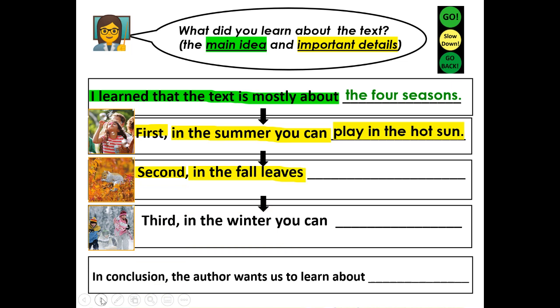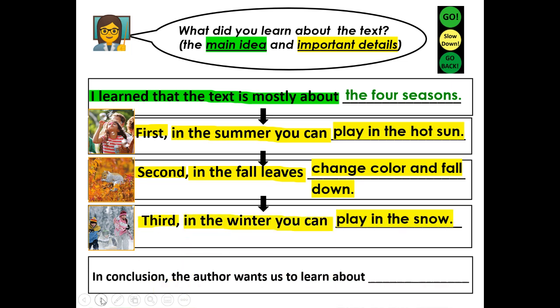Second, in the fall, leaves change color and fall down. Third, in the winter, you can play in the snow. In conclusion, the author wants us to learn about the four seasons.